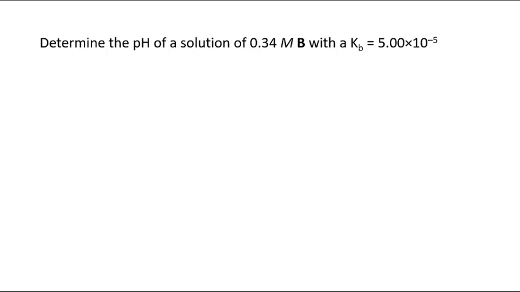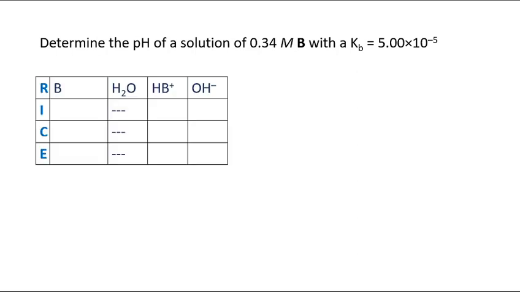Setting up our RICE table, you should notice that this is a completely different arrangement than it was for acids. Remember, with acids, you add an acid plus H2O, and you end up creating hydronium ions and the conjugate base of that acid. In this case, we're looking at a base, and a base plus water will give you HB plus and OH minus.